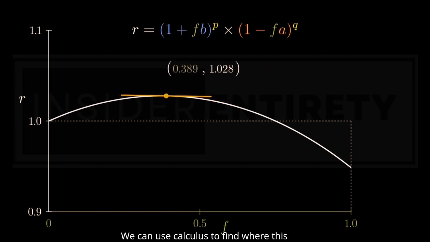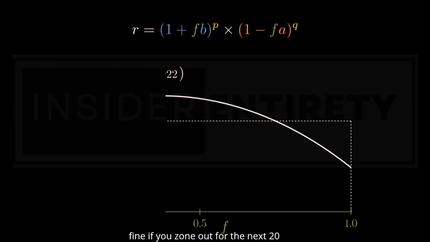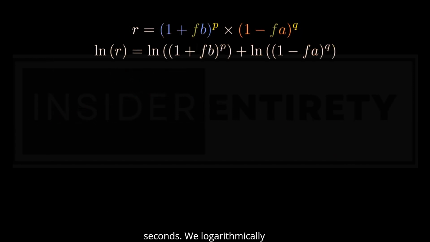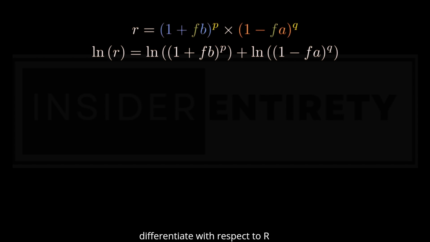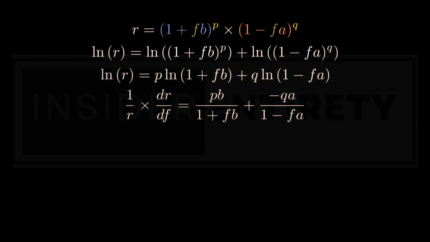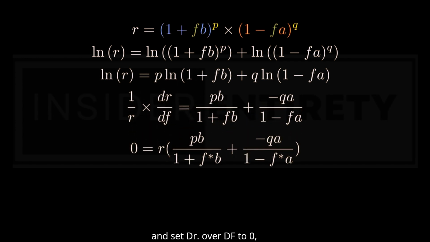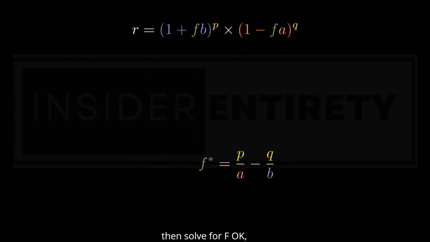We can use calculus to find where this is. If you don't yet know calculus, it's fine if you zone out for the next 20 seconds. We logarithmically differentiate with respect to r and set dr over df to 0, then solve for f. Okay, zoom back in.